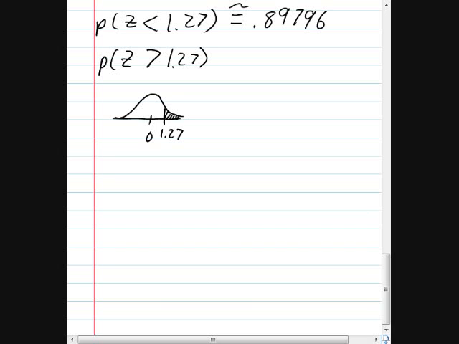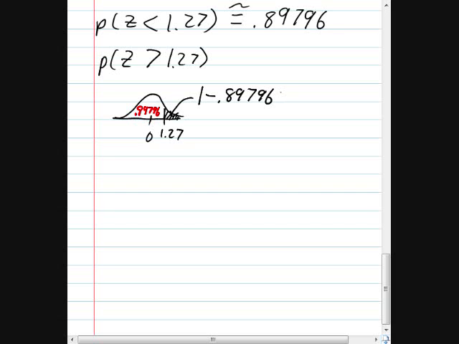Now we know how to find the total area to the left of that positive number. It was 0.89796. And we know that the total area of the curve equals 1. So then this area that we're looking for can be found by taking the total area 1 minus the 0.89796, the portion of the curve we're not interested in.